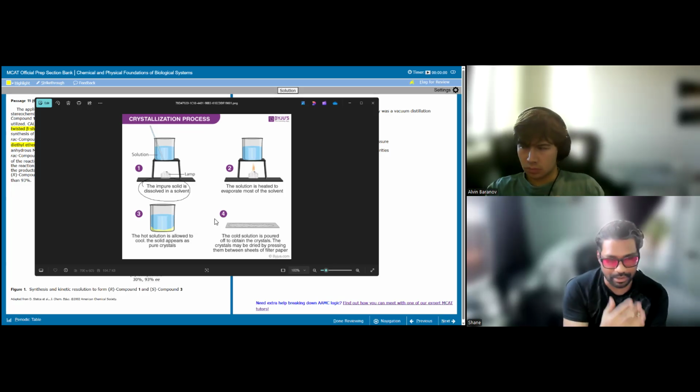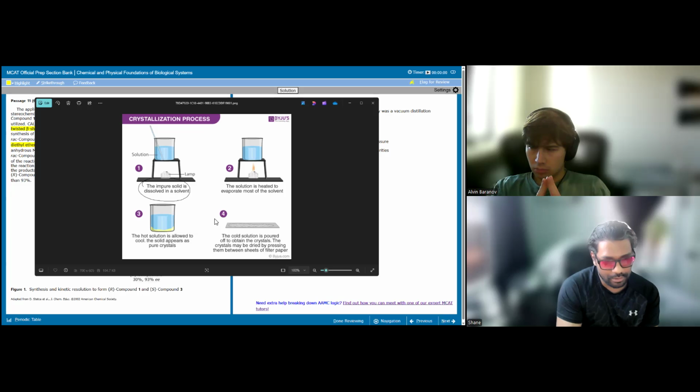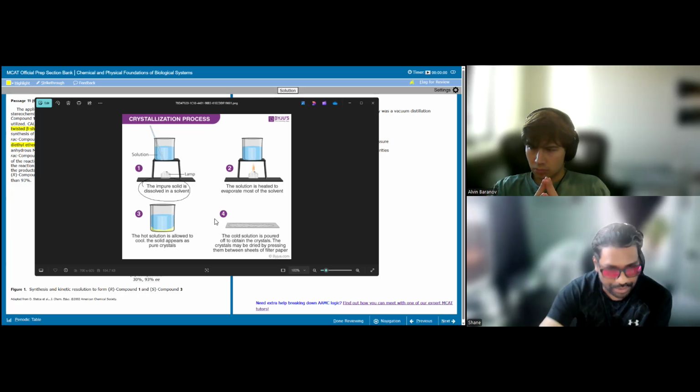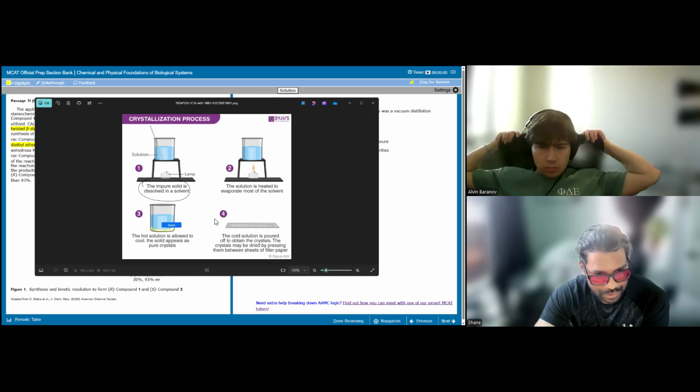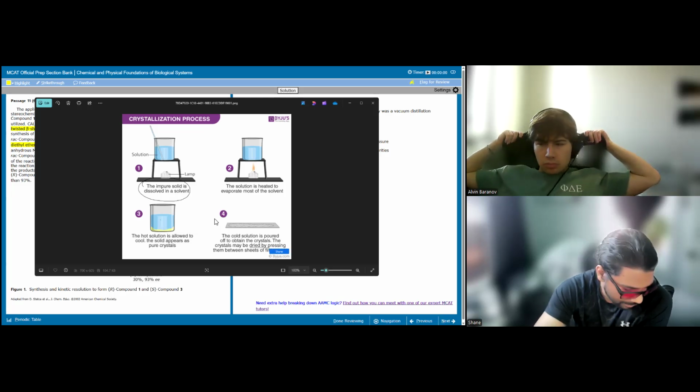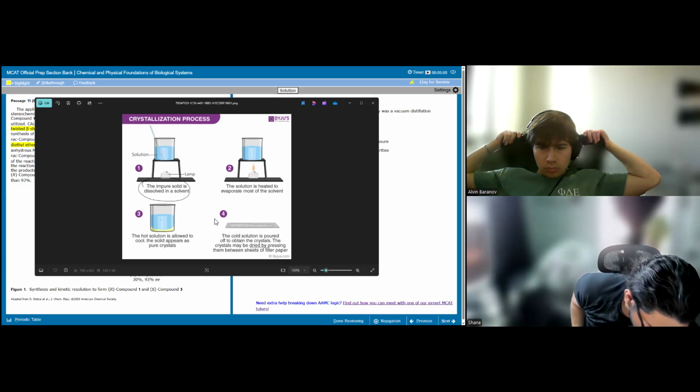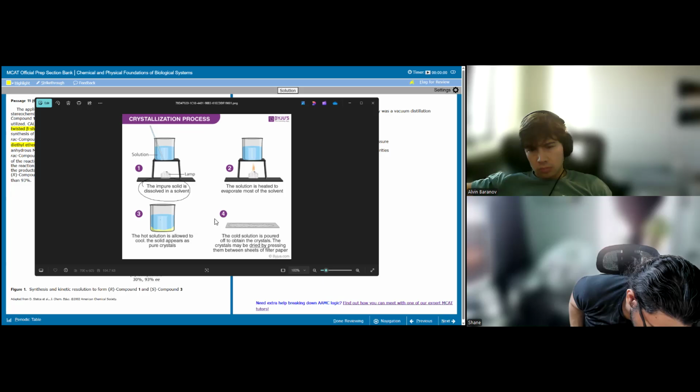You want it as a crystal, and you can't have it mixed in a liquid, so that's why they dry it. It can be repeated to increase the purity, but at the expense of yield.